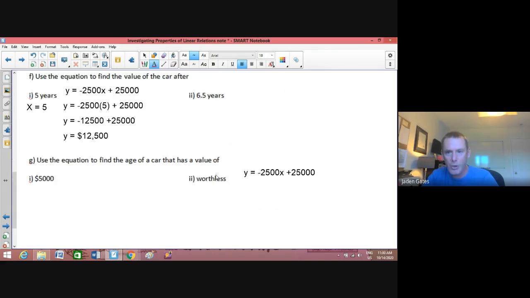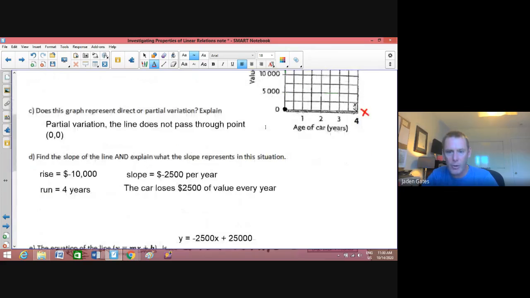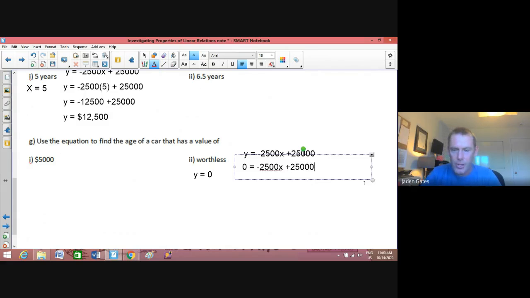Worthless. It has a value of 0 right here. That means your dollar value is 0, which means your y is equal to 0. All right. And so wherever there's a y, I'm going to put a 0 here. So I get 0 is equal to negative 2,500x plus 25,000.